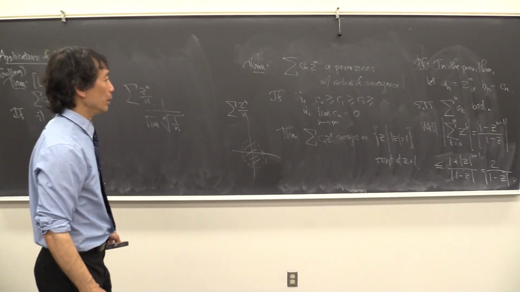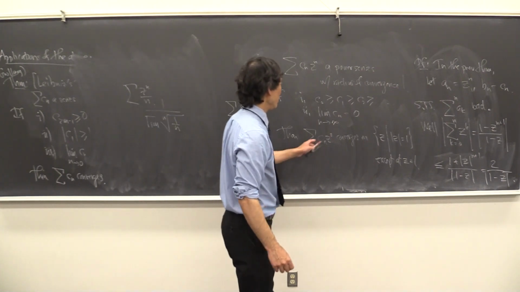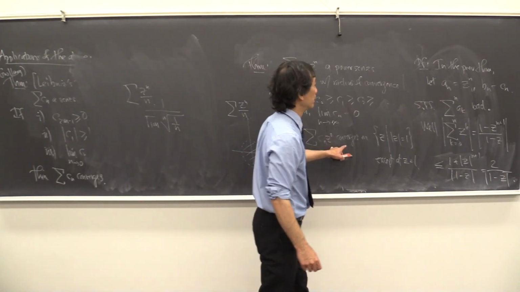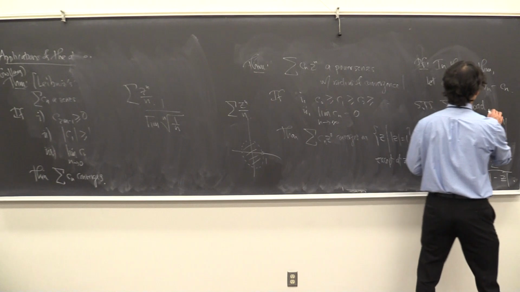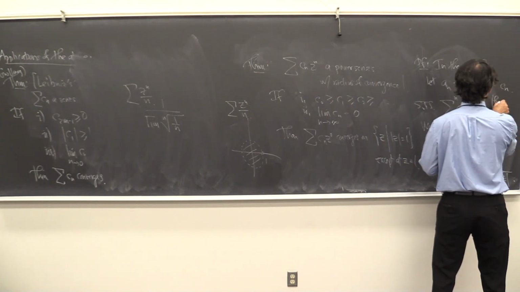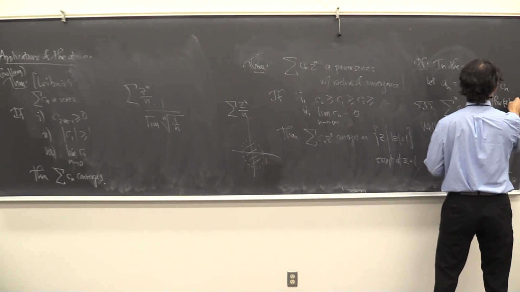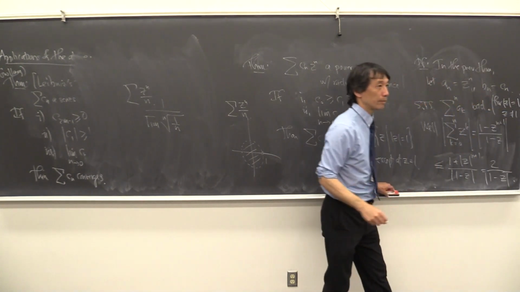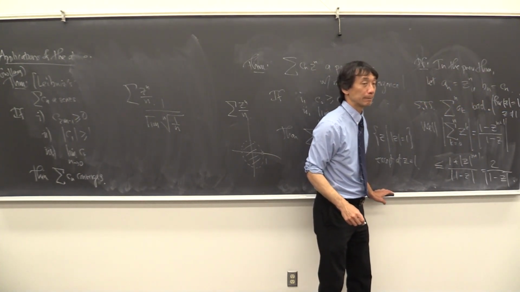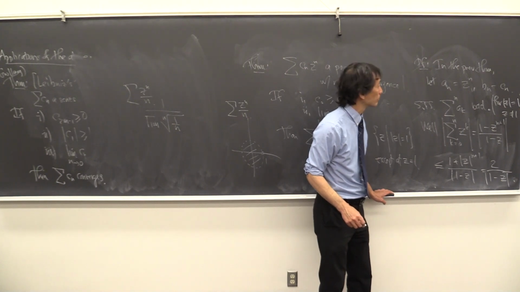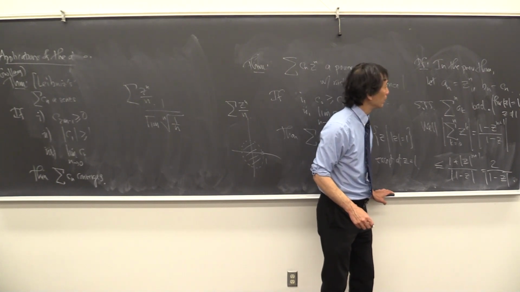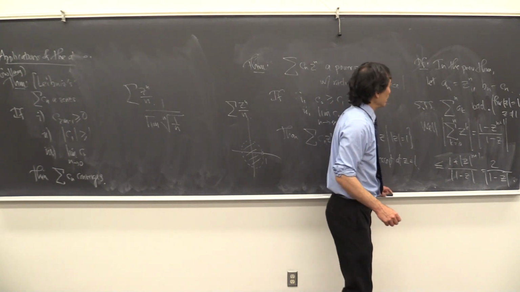Okay. Why did this only work on the unit circle and not on a radius of convergence like 5 or something?